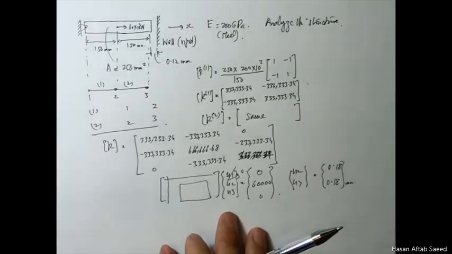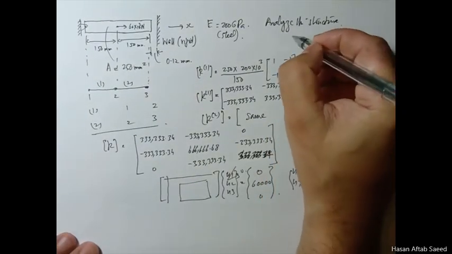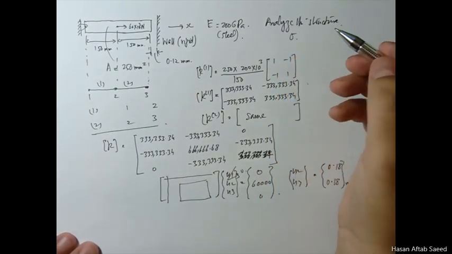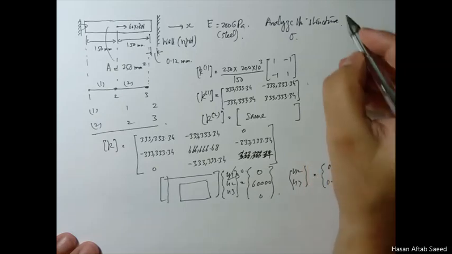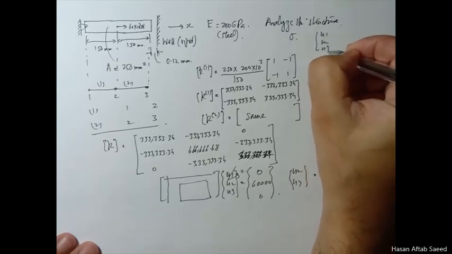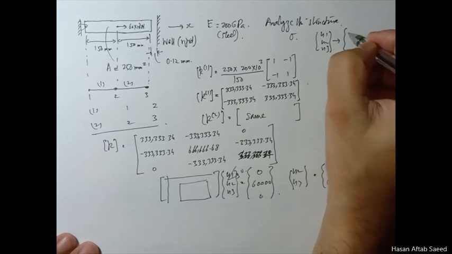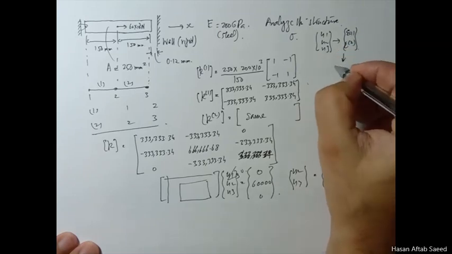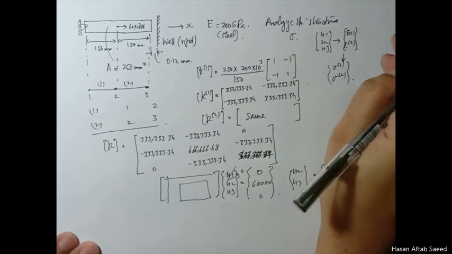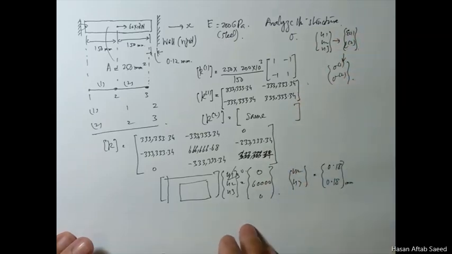Now this question was an analysis question, so you were supposed to find out the stresses, but if you have found out the u's, u1, u2, u3, from this to move on to epsilon 1 and epsilon 2 is no problem, and from there you can move on to sigma 1 and sigma 2 too. I'm not going through that process because that is not the part of today's lesson.